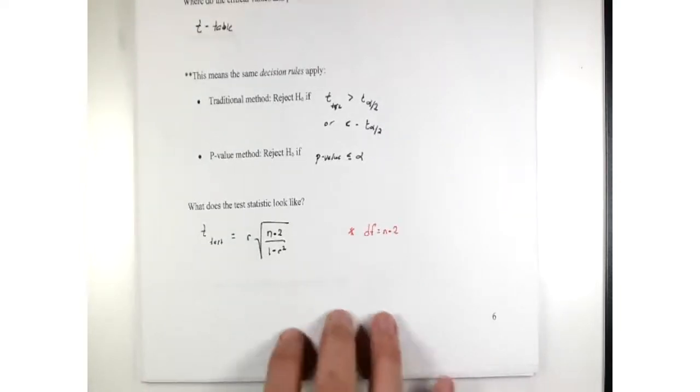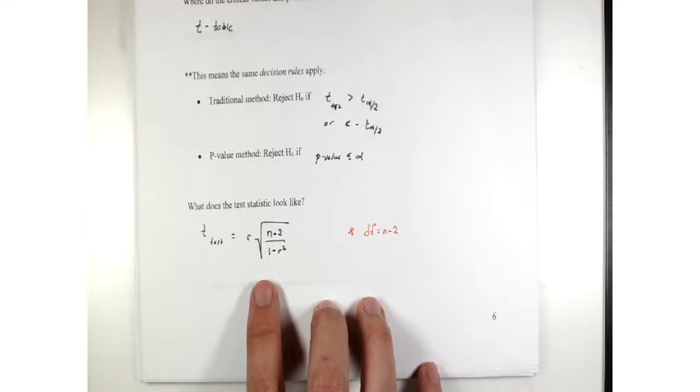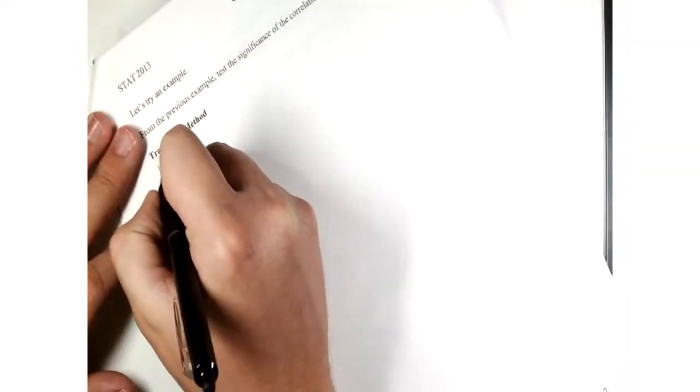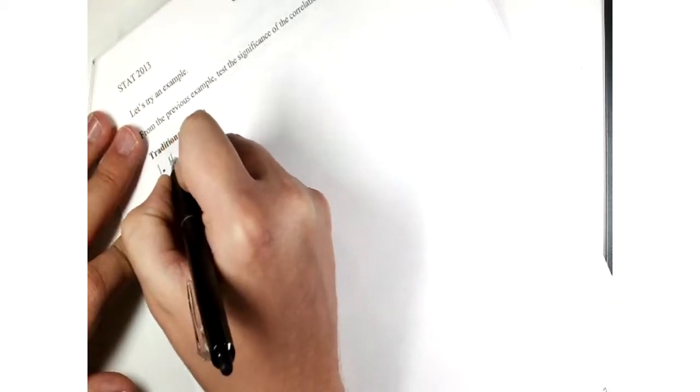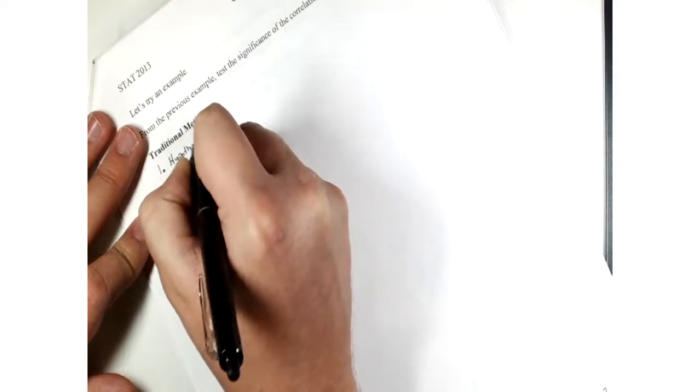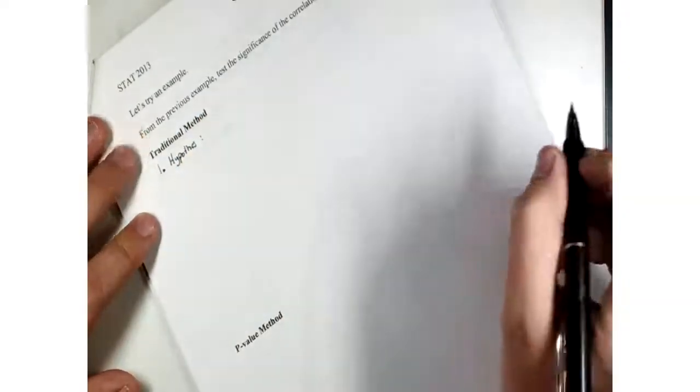It's just off by one number. So just how we calculated t-test statistics before and compared them to critical values, you can do the same thing here. Look at the example we just did. We found out that r was equal to negative 0.944. Using that information, we can do a hypothesis test on whether the population correlation coefficient is equal to 0 or not.